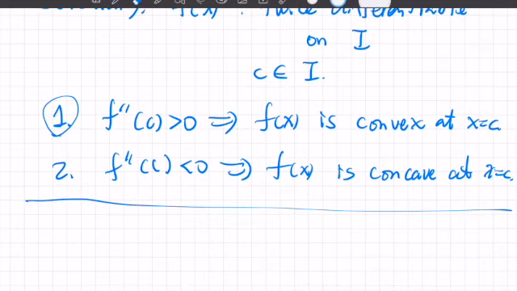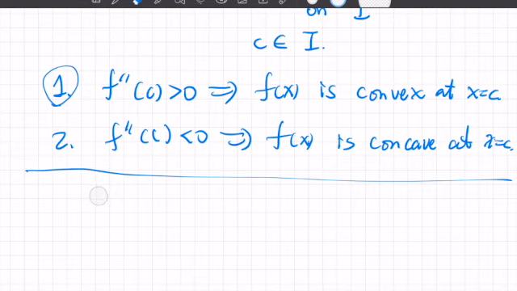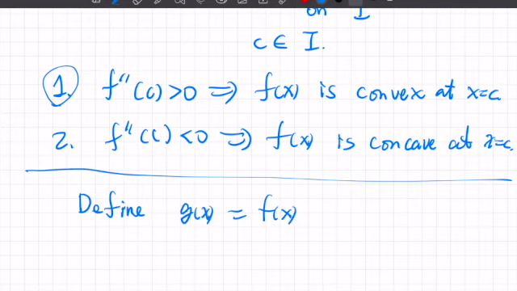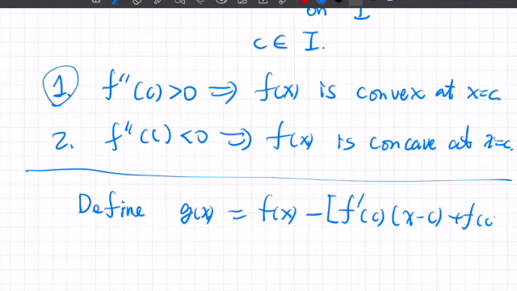Again, we prove only part 1, and part 2 you should prove as an exercise. So first we define a new function, g of x as f of x minus f prime of c, x minus c, plus f of c. You should note that this part is the same as the equation for the tangent line. So from this definition we can see that g of c is 0 if you put c here.